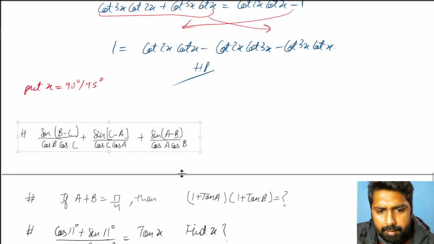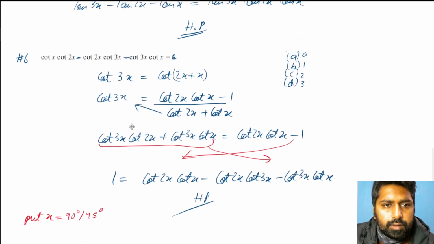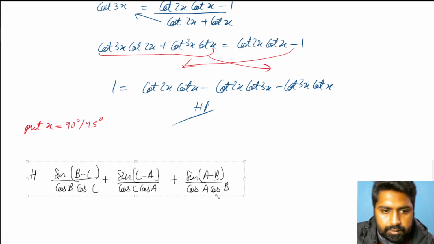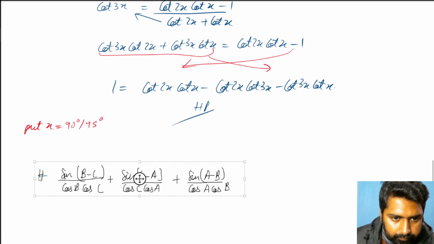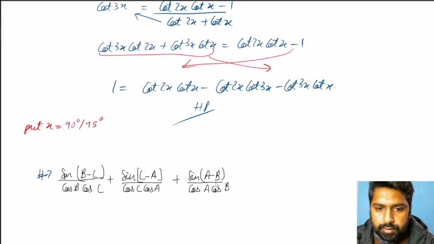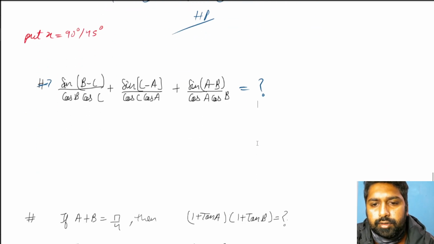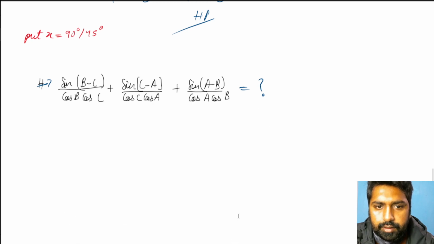All right, few more applications, few more questions. Sixth done, let's do seventh. So this is the expression and you have to get the value of it. The question was incomplete, you have to solve and get the value.